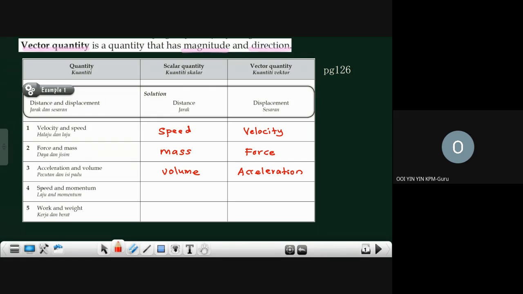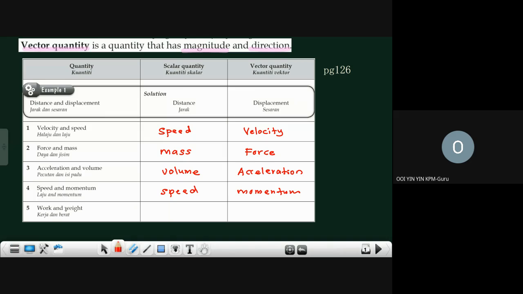Because speed, like up here, you see speed is already scalar, right? You cannot put everything in scalar and vector, so how to differentiate the categories? Speed, of course, you already know is a scalar quantity. So your momentum is a vector quantity. Momentum is also in physics, right? Where the direction comes from.